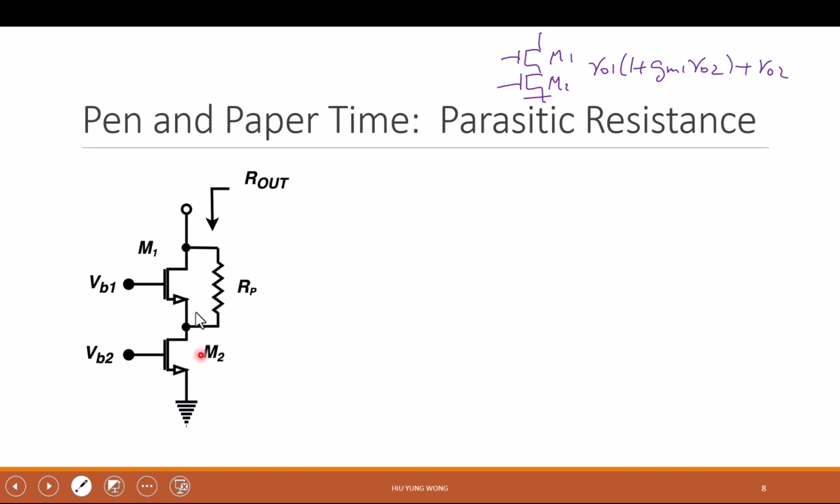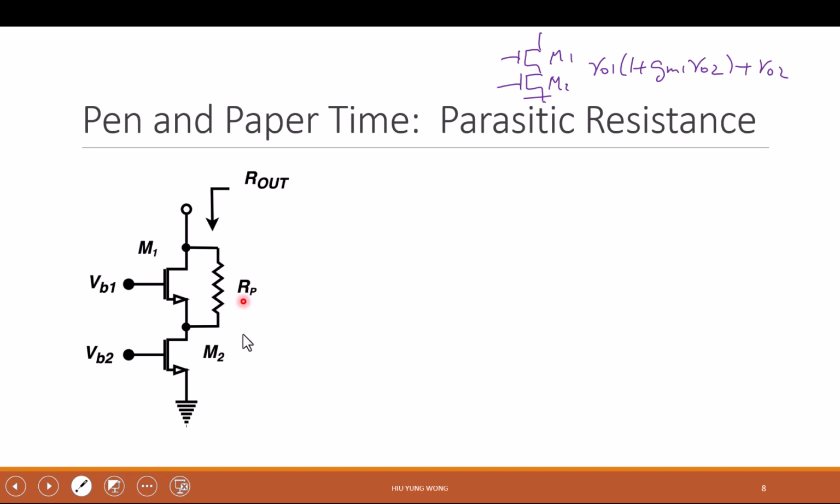Now I give you this circuit, what is the output impedance of this circuit? You need to think about the small signal a little bit when you look at this.